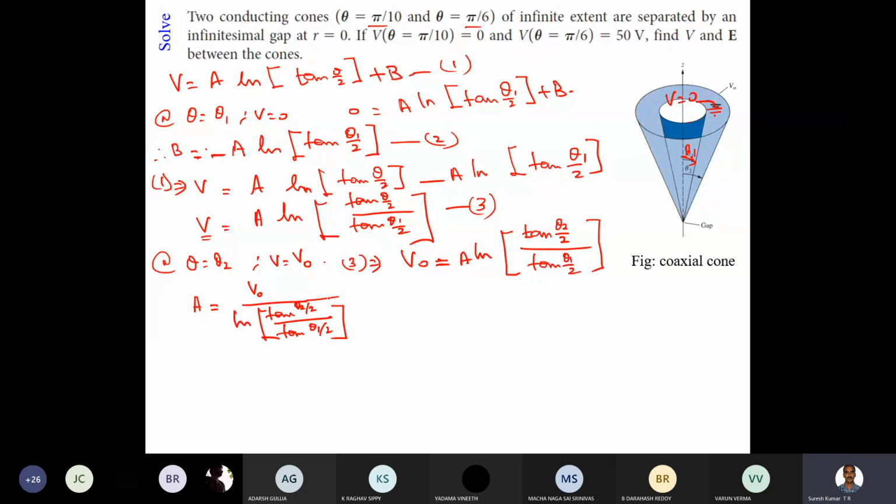If there is any mistake, please highlight it then and there. So we found the integration constant A, which is V naught over ln of the ratio tan of theta 2 by tan of theta 1.